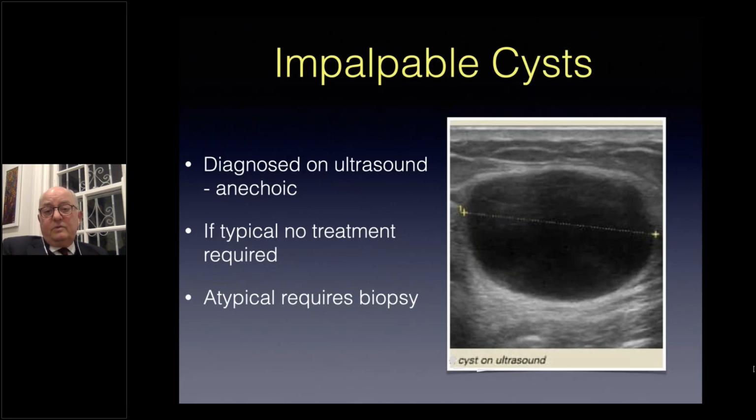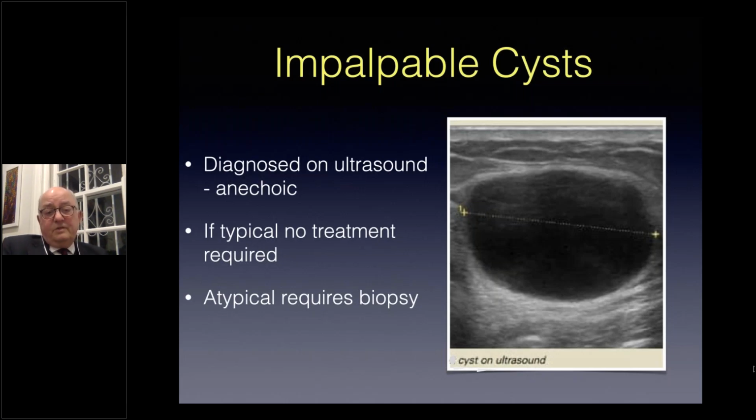So when you look at them on an ultrasound, they're like a black hole. If they're typical, regardless of bilaterality or if they're even larger, no treatment is required if they've got an absolutely classical appearance of a cyst.